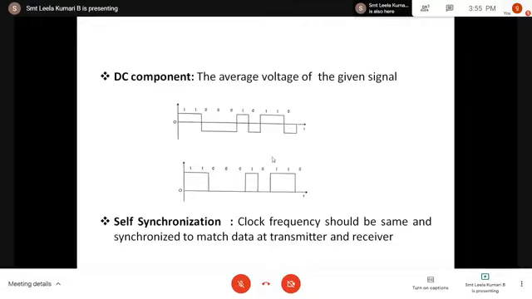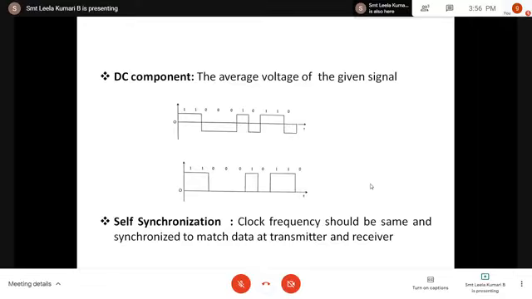component may be 0. So in line coding, the signal with a non-zero DC component is treated as a distorted one, and it can create errors in the received signal. Therefore, signals with a DC component cannot pass through a transformer.